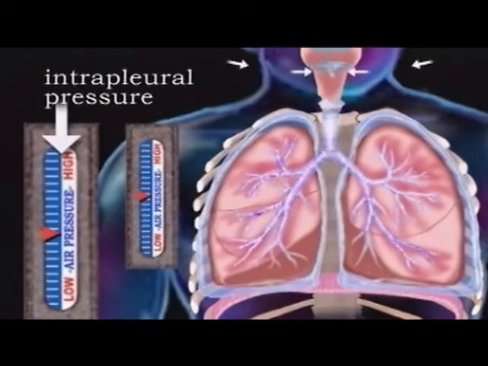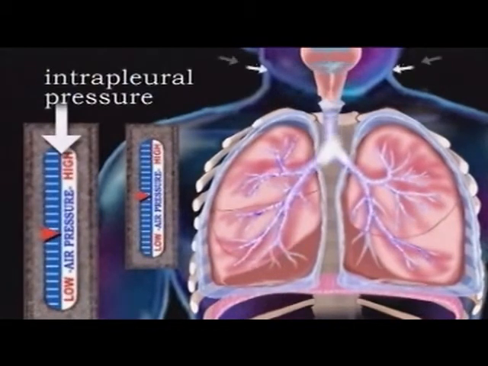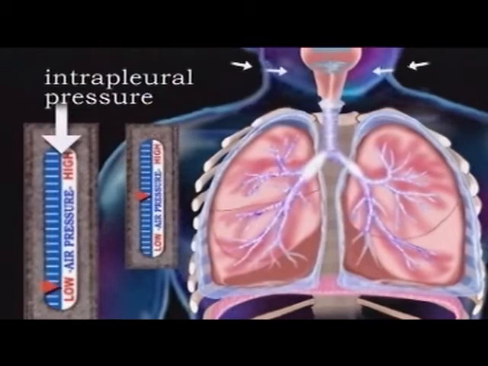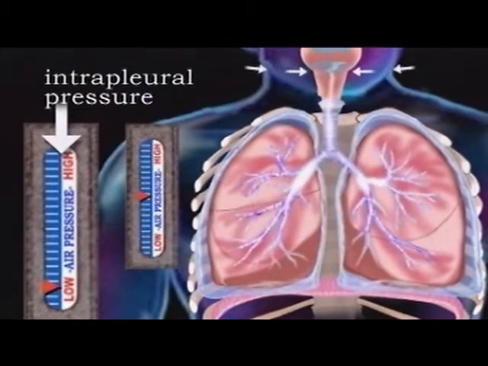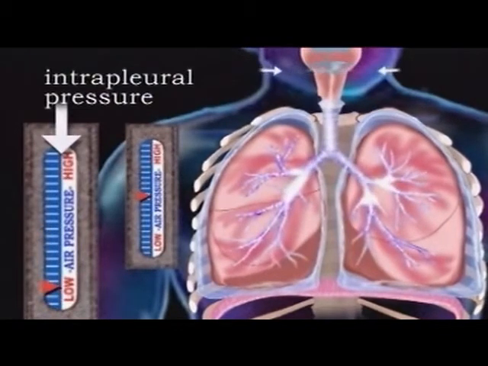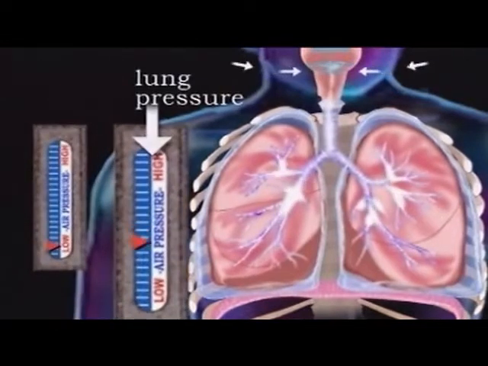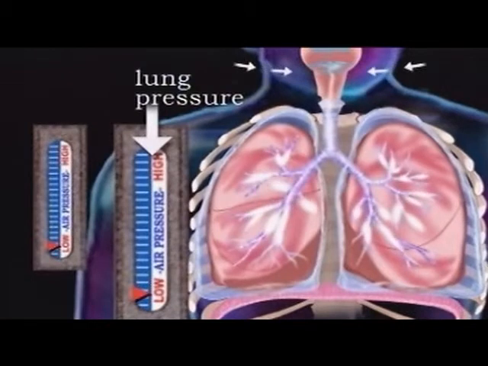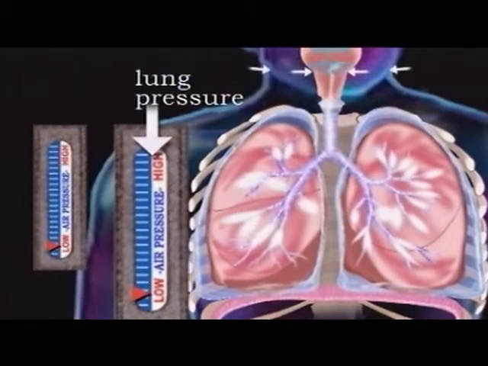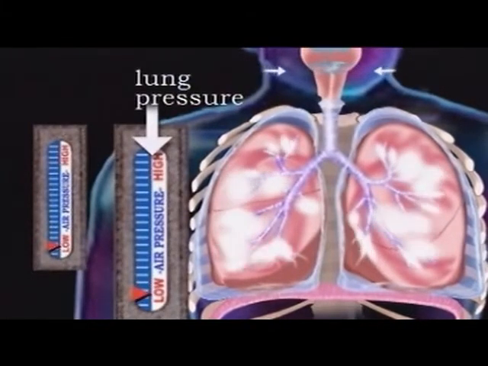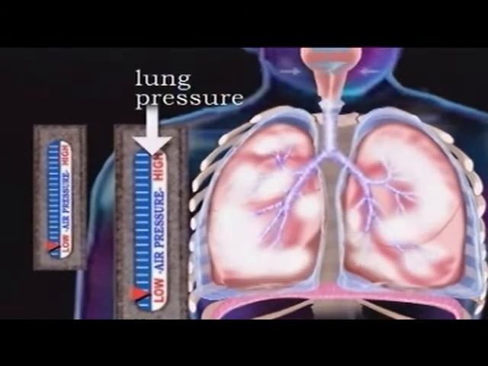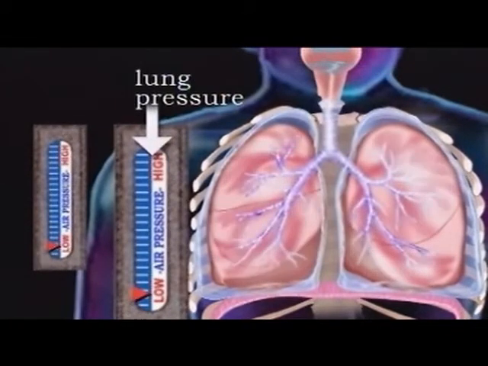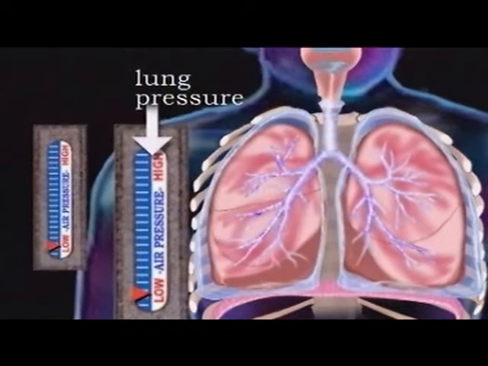As the pleural cavity expands, the intrapleural pressure drops, and the lungs consequently expand to fill the empty space. As the lungs expand, their pressure also drops. And this drop in intrapulmonary pressure draws in outside air until the atmospheric and intrapulmonic pressures are again equal.